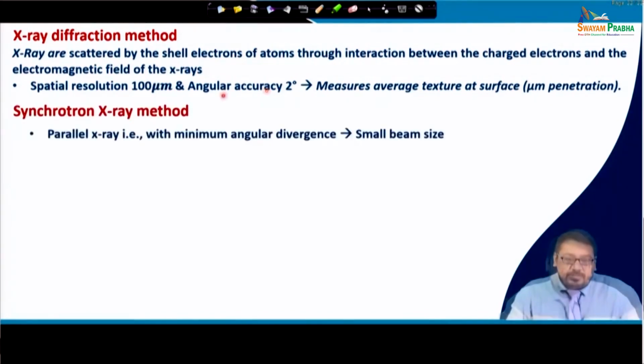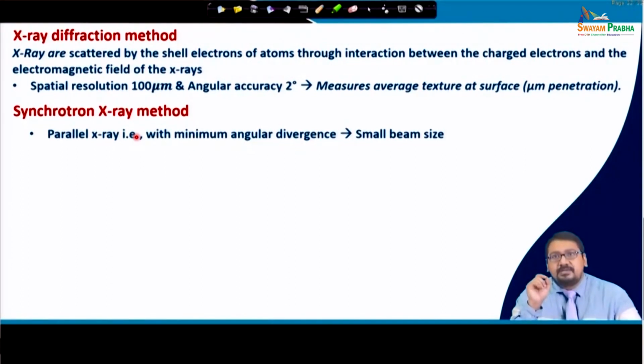macro texture. So, synchrotron X-ray methods use specialized radiation which is obtained in a beamline where there is a synchrotron accelerator, and it can produce short wavelengths lower than natural X-rays.